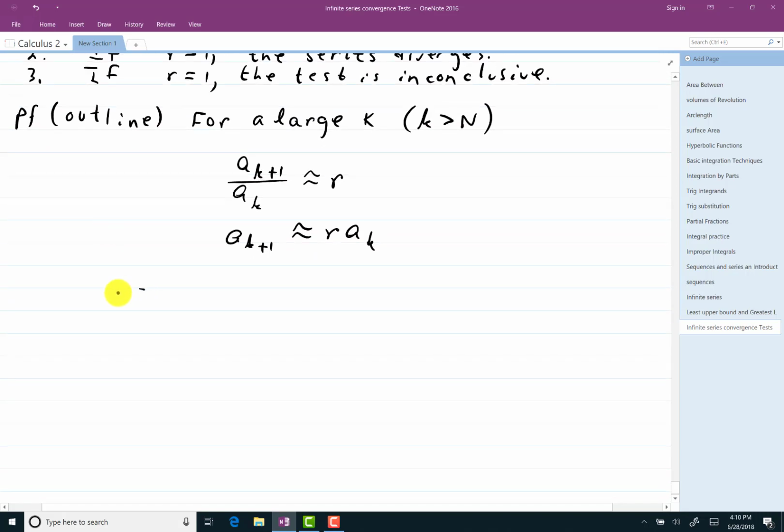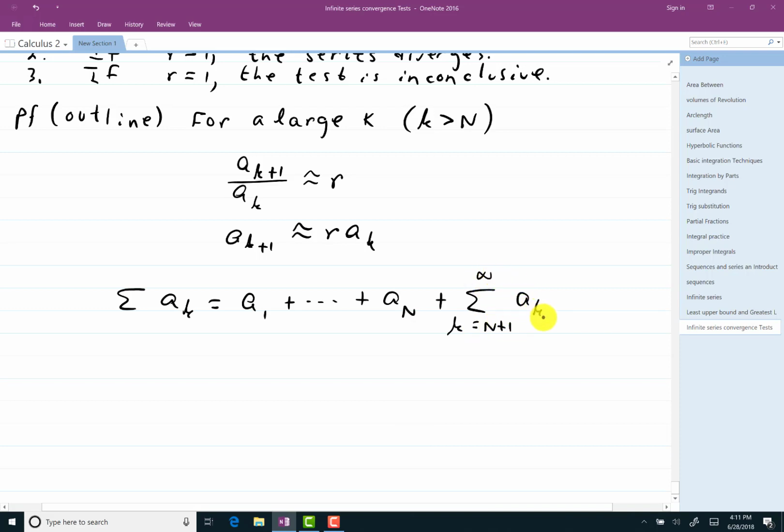And if we look at the series, a sub k, doesn't really matter where it starts, but in this particular situation, I'll start it at 1. But you're going to get up to a sub capital N, and then we're going to let another series start, which is the tail end of the a sub k, if k goes from this capital N plus 1 to infinity.